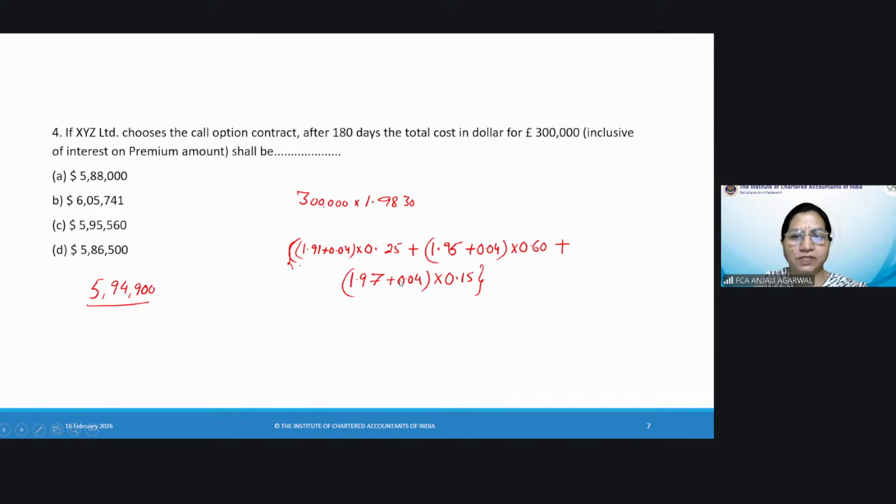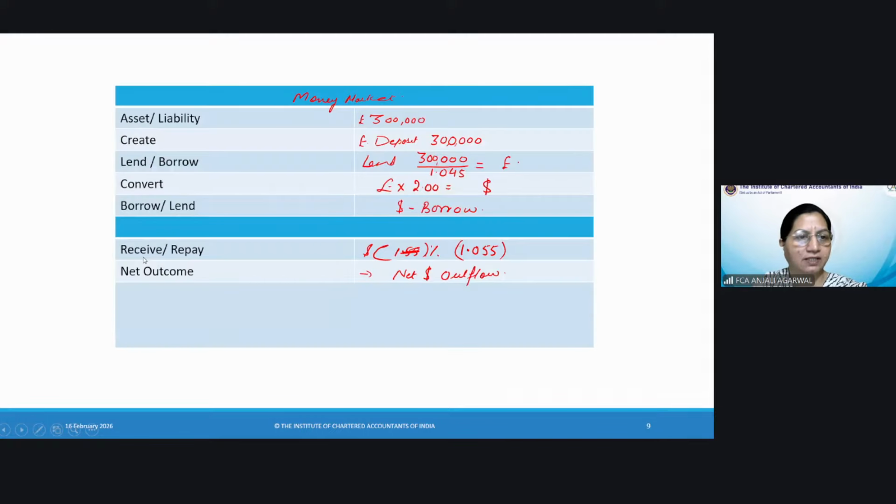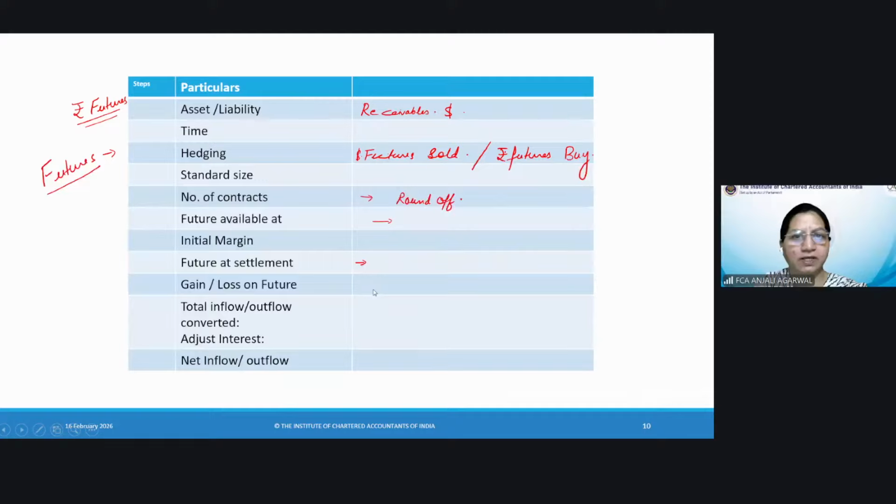If you use options, then it is 594,900. Plus, if you take the interest cost of 5% for 180 days on 12,000, maybe you get the answer as 595,560. Expected spot rate that we have already calculated. This is how money market hedge works.